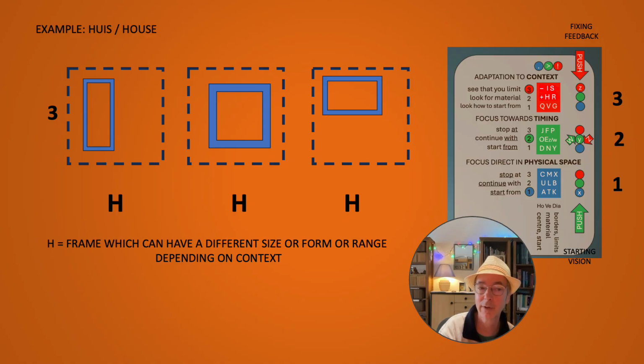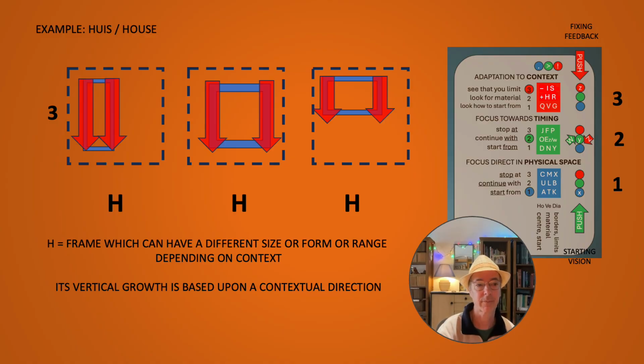But it will frame an area that is, because it's in the second degree, an area in the in-between zone. So somewhere in between, a zone. And there it will have a vertical push.